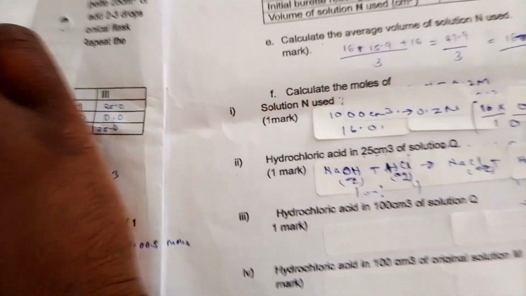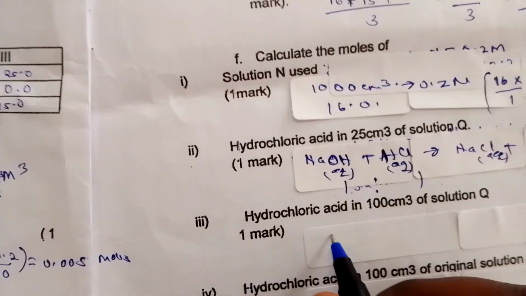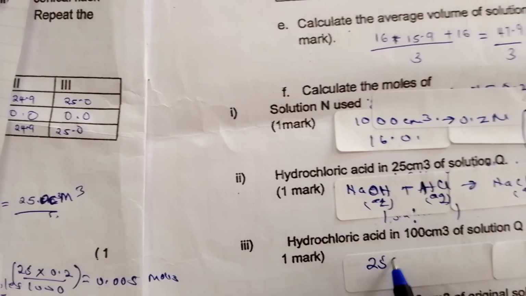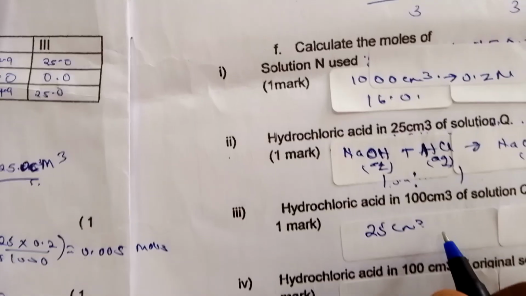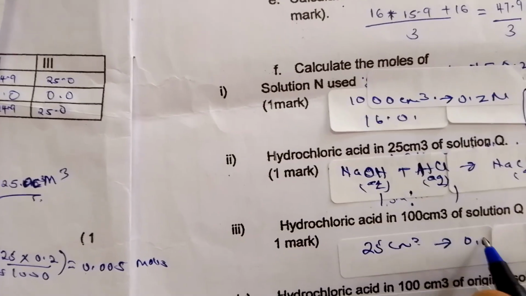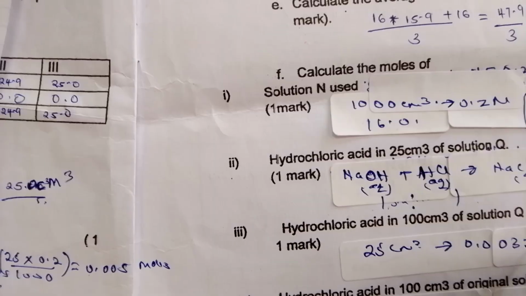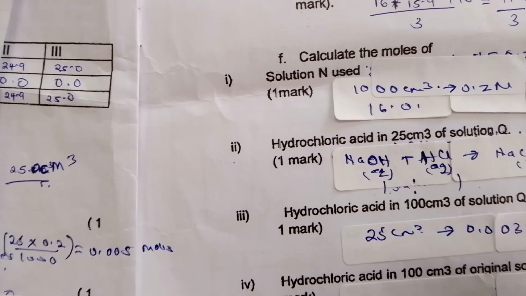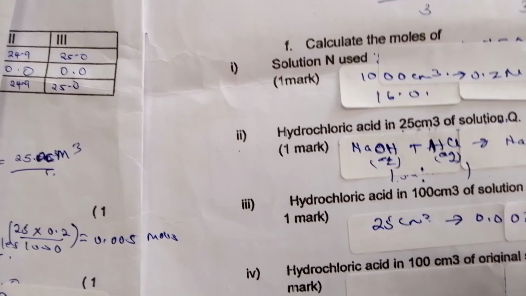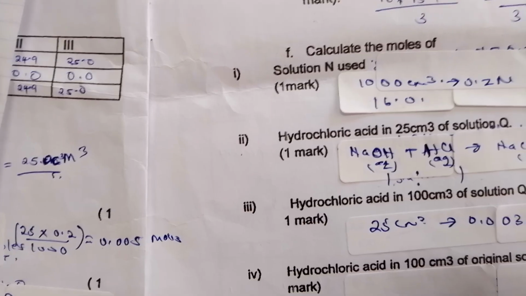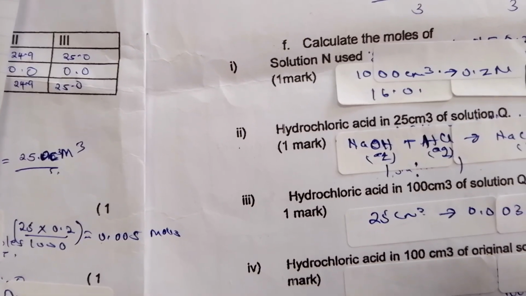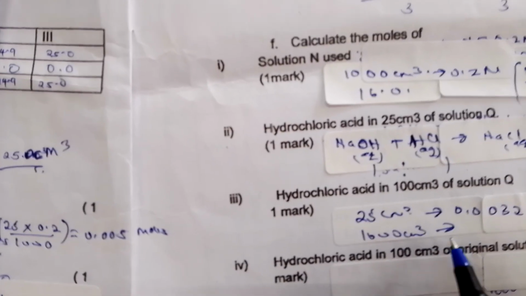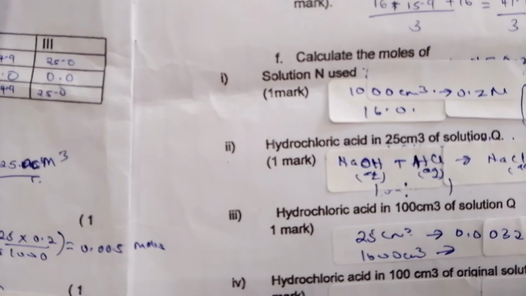So in this case, we are supposed to ask ourselves: if 25 cubic centimeters has 0.0032 moles, what about in 100? So we do the same, we cross multiply.